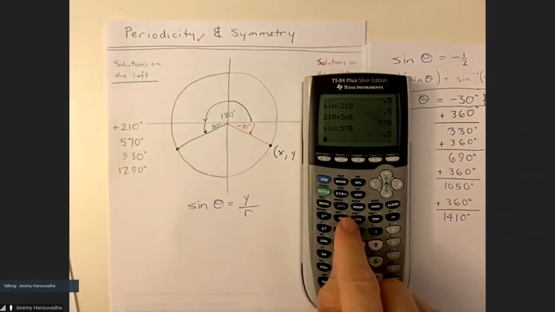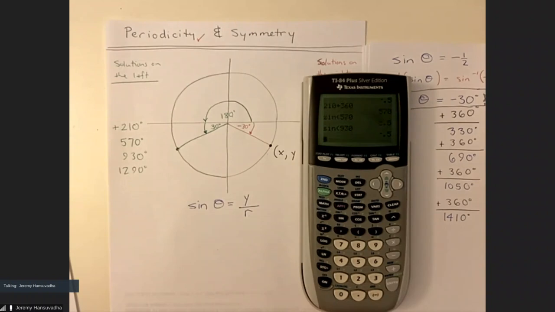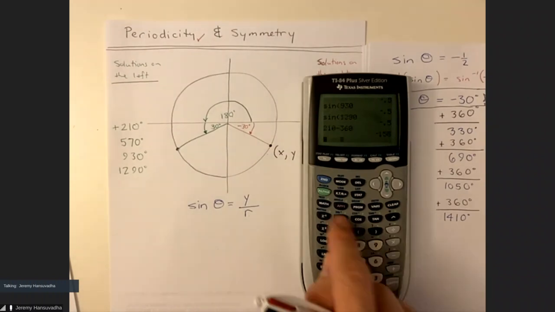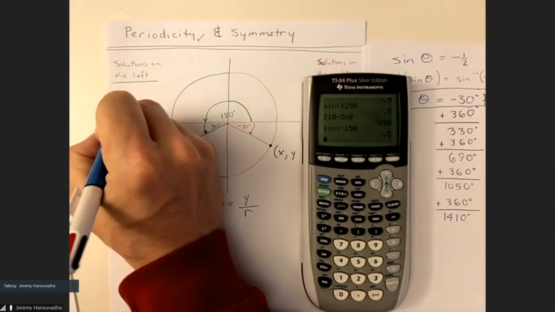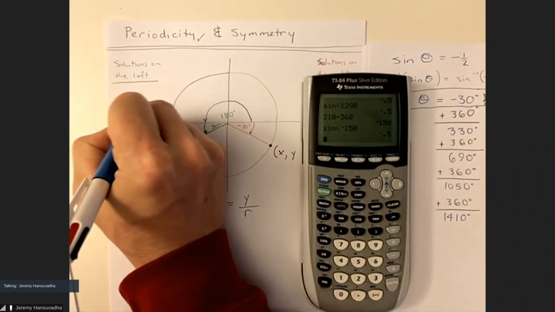Let me just verify this. Same ratio. I could also subtract 360. 210 minus 360 is negative 150, and then the sine of negative 150 is the same. So negative 150 is a solution.